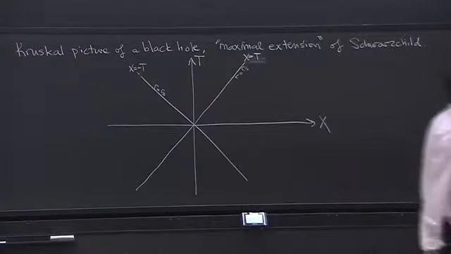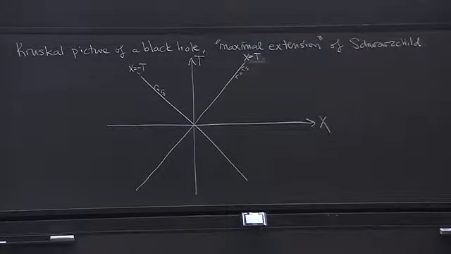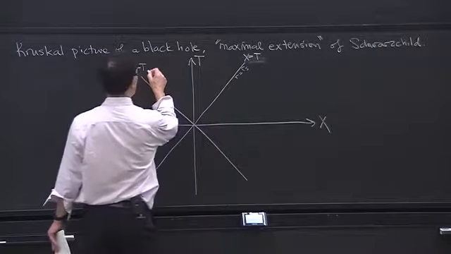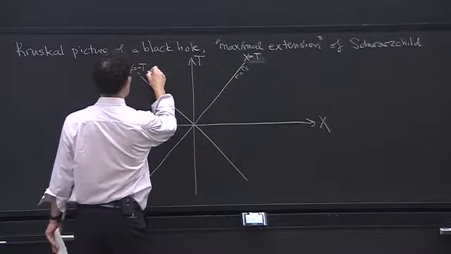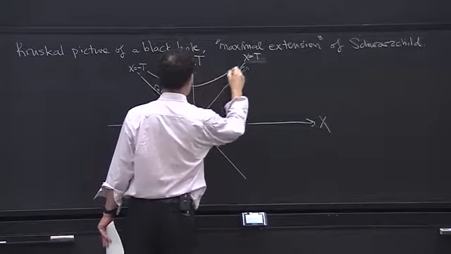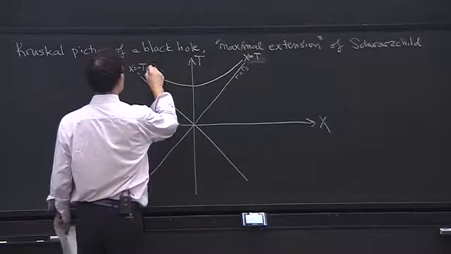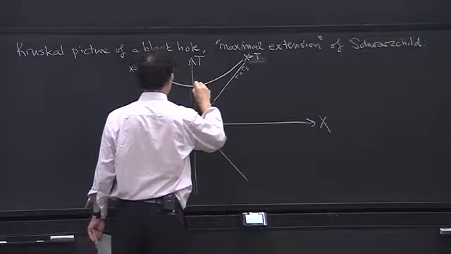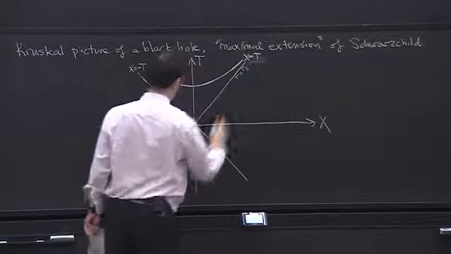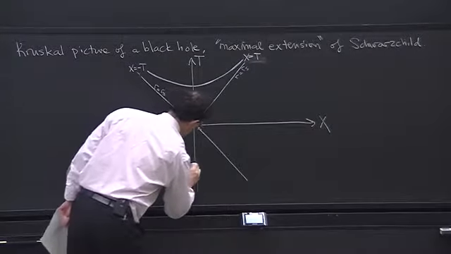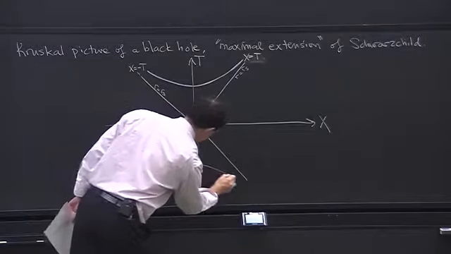Secondly, let's figure out where the singularity is. So the singularity is along that curve. That's a hyperbola. There are two parts of it. One of them is up here. Okay, so let's do that in a different color. This is the singularity. There's another branch of the hyperbola down here.